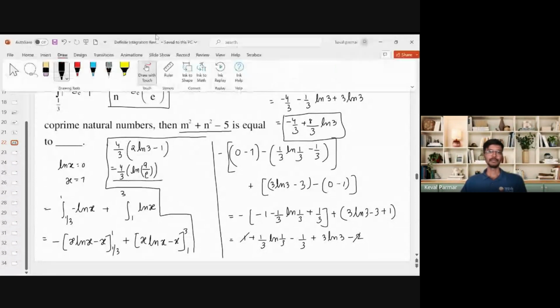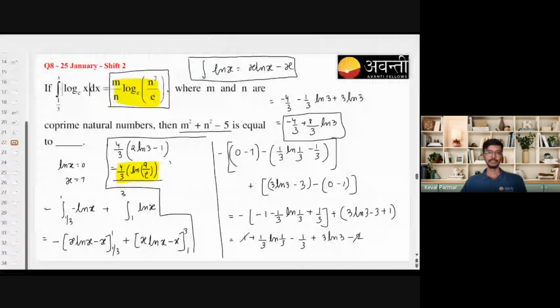Right? So now if we compare these two, 4 by 3 ln 9 by e, what do we get, guys? We got m as 4 and n as 3.